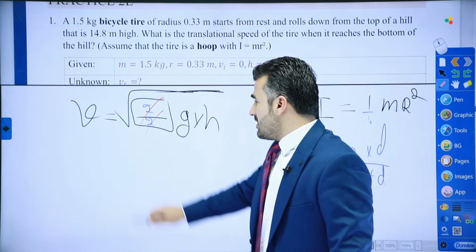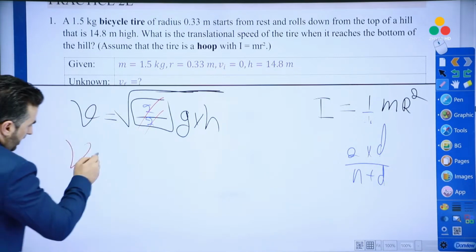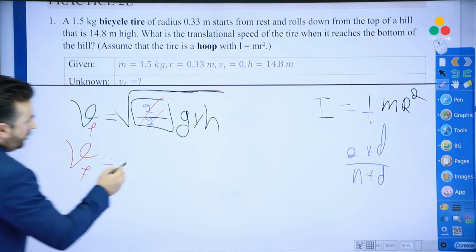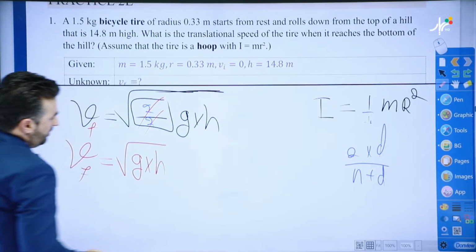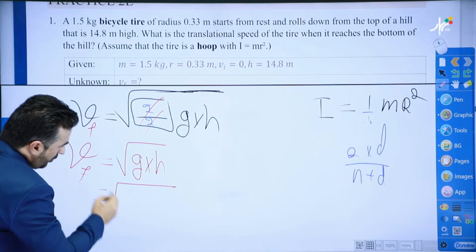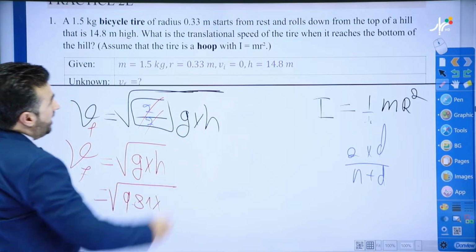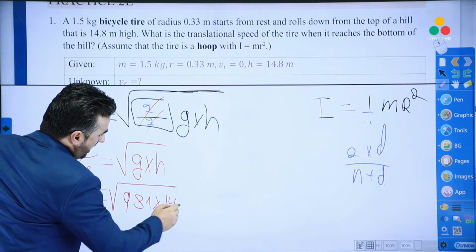So we'll say the translational speed at the bottom, we can call it final 2 as well, okay, equals the square root of gravitational acceleration multiplied by the height. And that is, of course, 9.81 multiplied by the height, which is 14.8 meters.